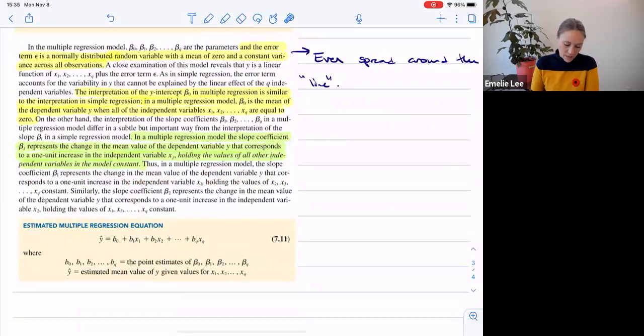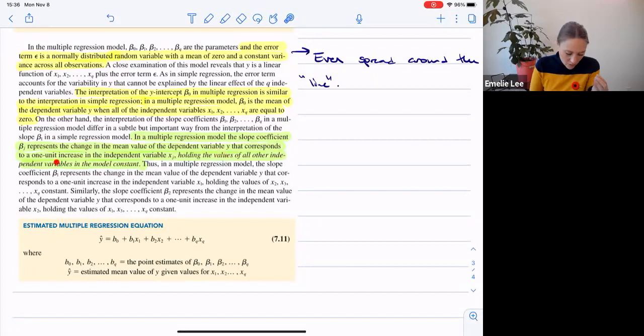the mean value of y in the, oh, that's not the one I wanted to read to you. This one, the highlighted one, surprise, surprise. So beta j represents the change in the mean value of the dependent variable. So that's the expected predicted value of y, right? And so that's the same.